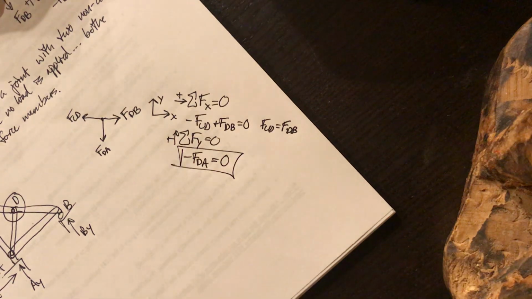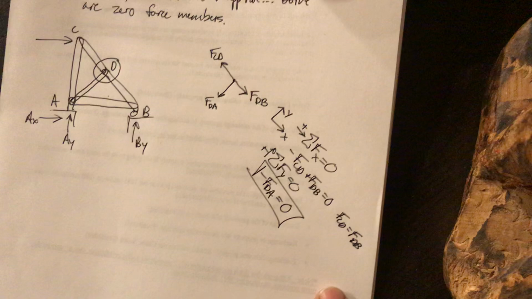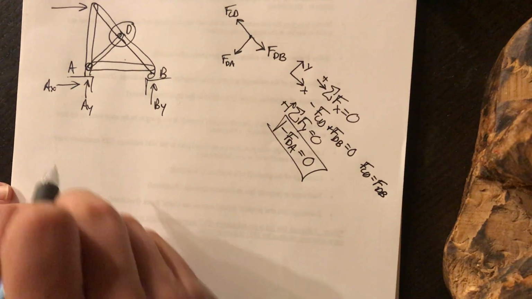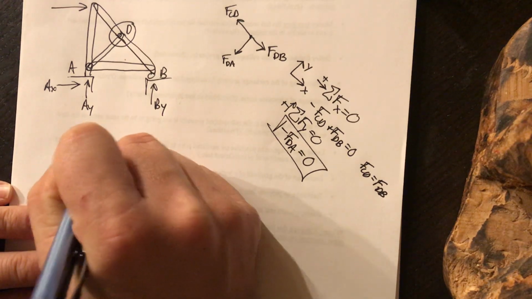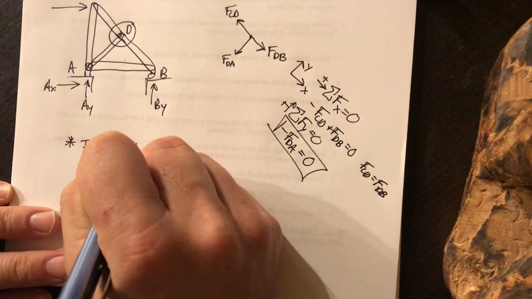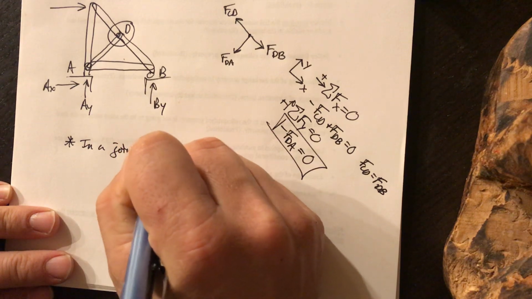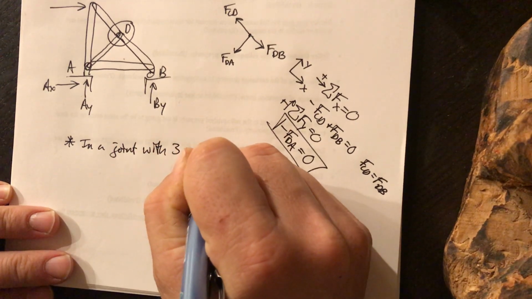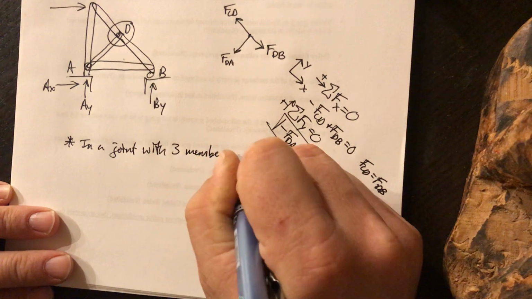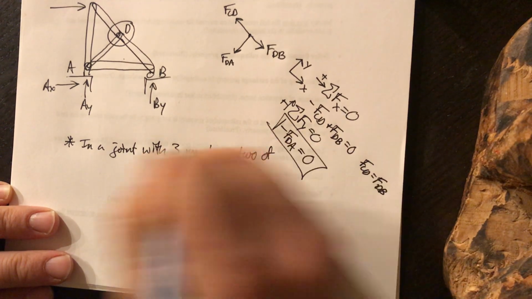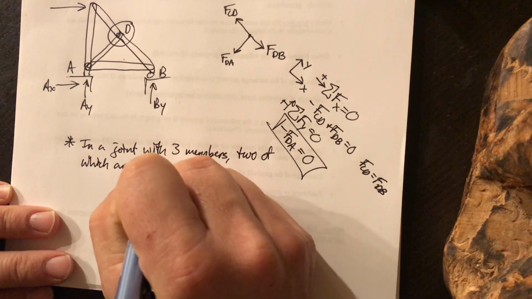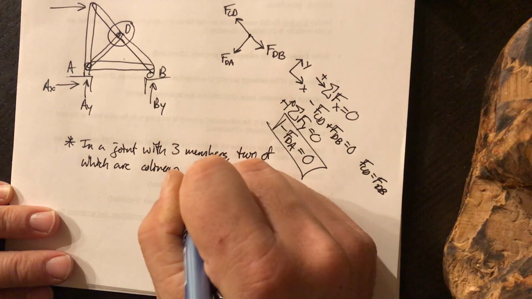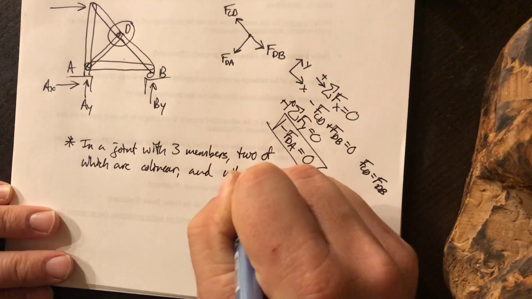And this right here is our second case of a zero force member. So this rule is slightly different. Okay, so this is in a joint with 3 members, two of which are collinear, and where no load is applied.